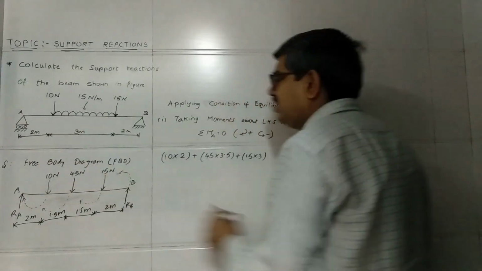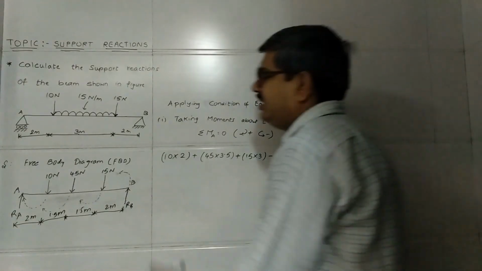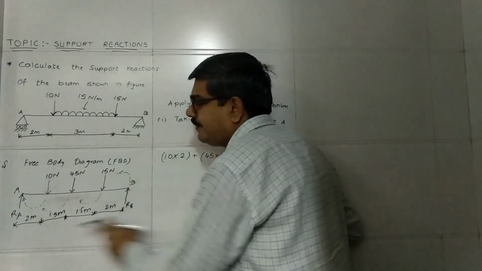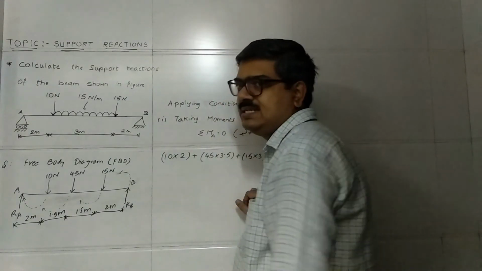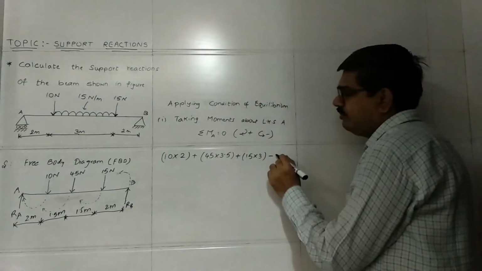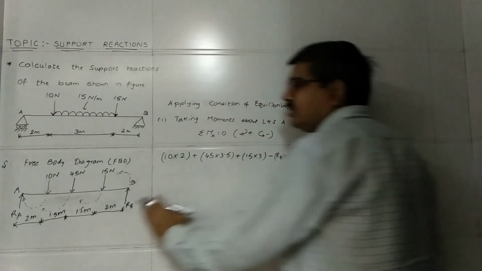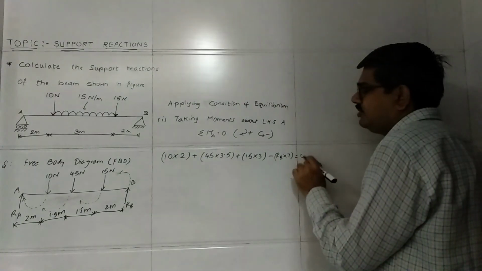Since it is turning in anti-clockwise direction, the sign will be negative, minus, and the total distance of this reaction force RB from A is this entire length, that is 7. So minus RB into 7. Why negative sign? Because this force is turning in anti-clockwise direction. The sum is equal to 0.